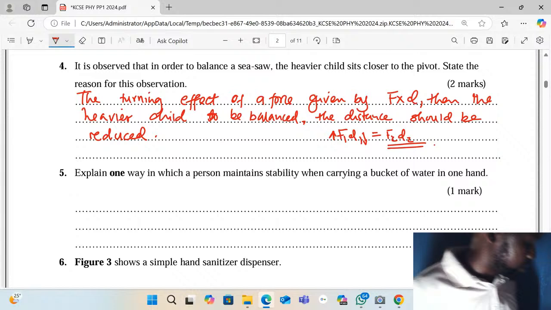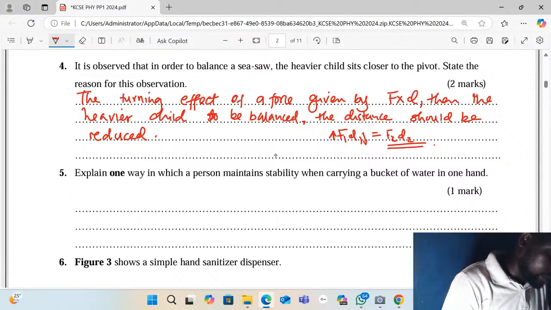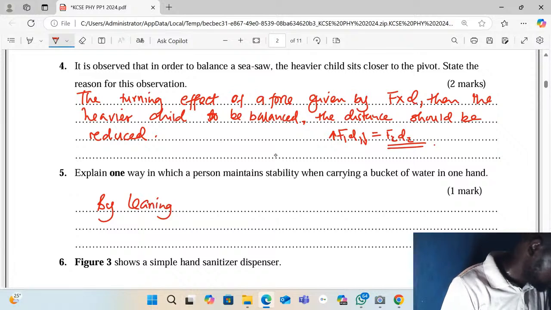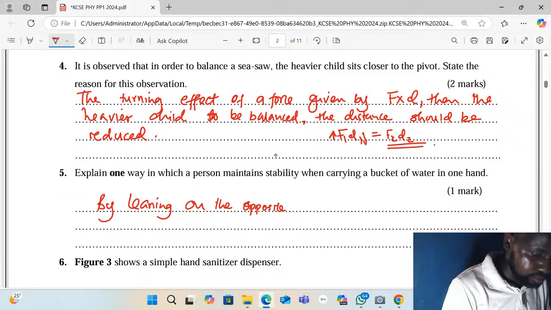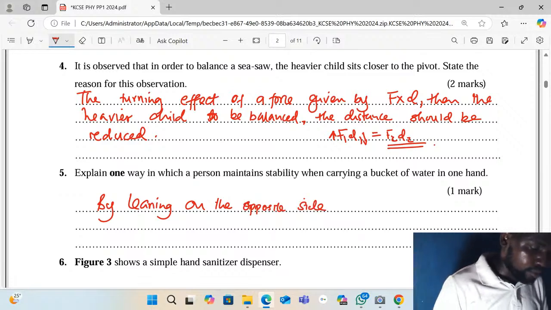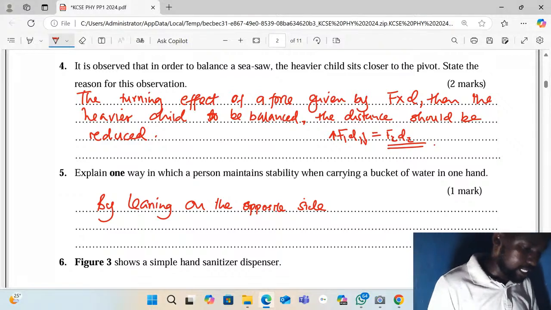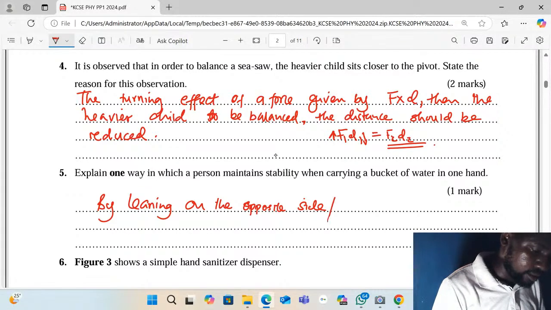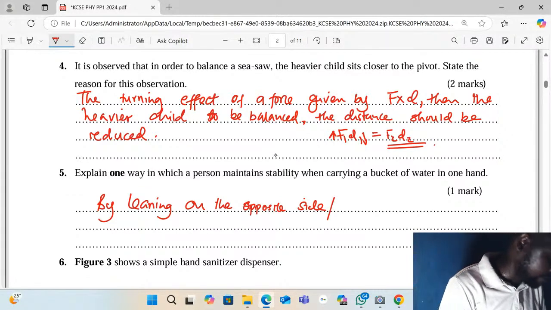Therefore, those two methods, you can say one is by leaning on the opposite side, or you can say raising the opposite hand.